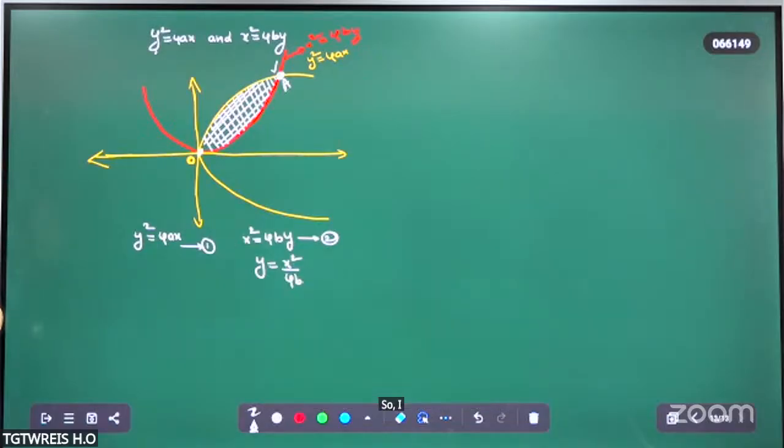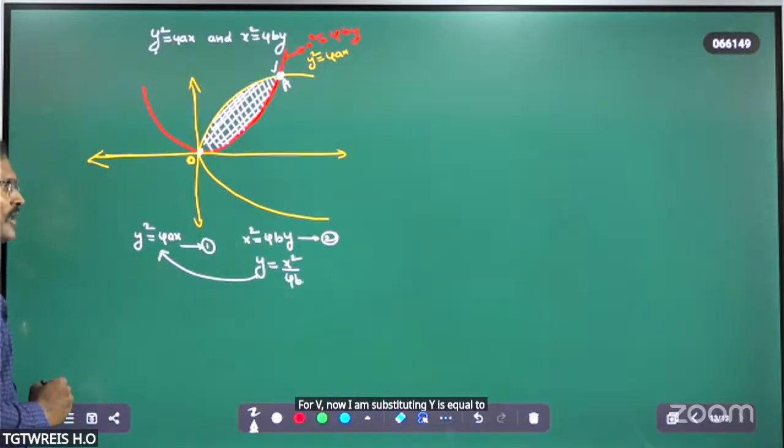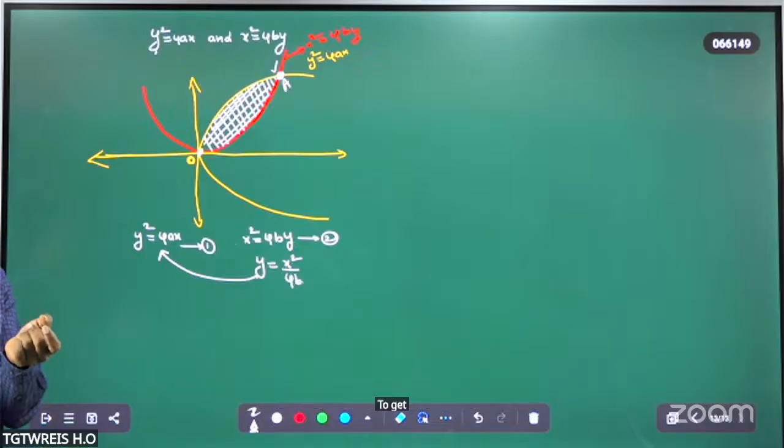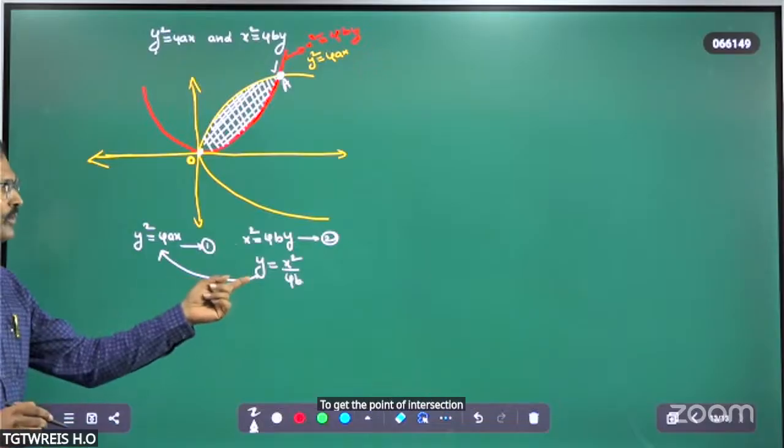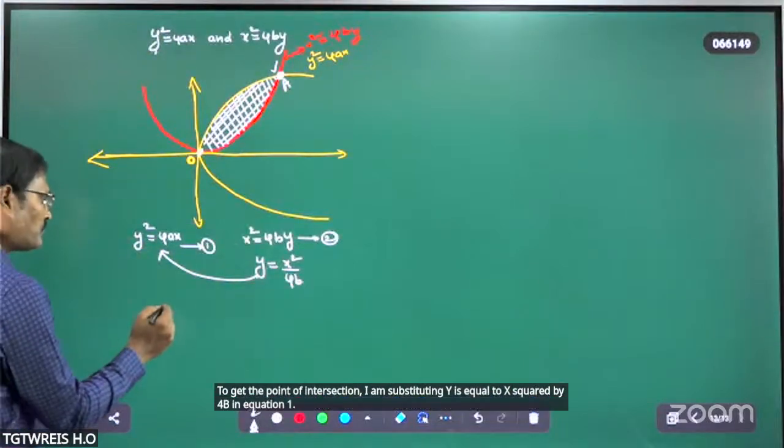So I am writing the second equation as y is equal to x square by 4b. Now I am substituting y is equal to x square by 4b in equation 1 to get the point of intersection.